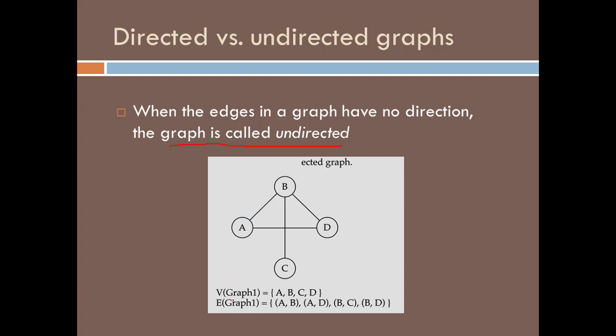So V of Graph 1 is {A, B, C, D}, and E of Graph 1 is the set of edge pairs: AB, AD, and AC cannot be possible because there is no direct edge between A and C. BC should be there, and BD is there.